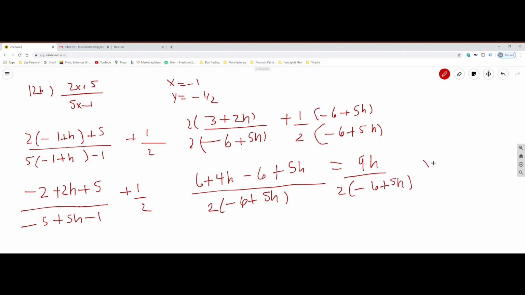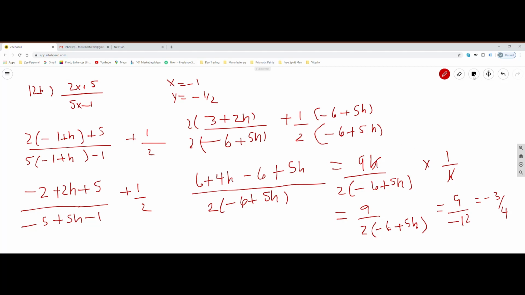So now you can divide by h, so it equals 9 over 2 times negative 6 plus 5h. When you substitute 0, you're left with 9 over negative 12, which is equal to negative 3 over 4.